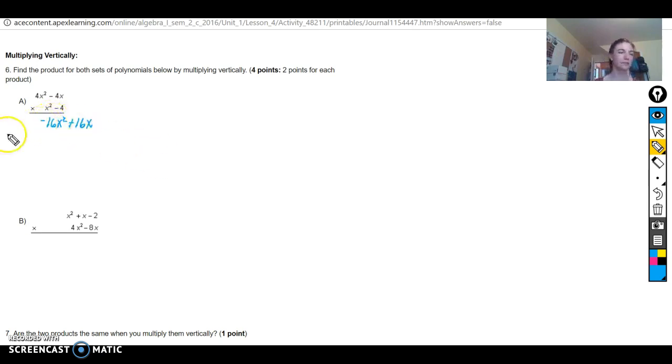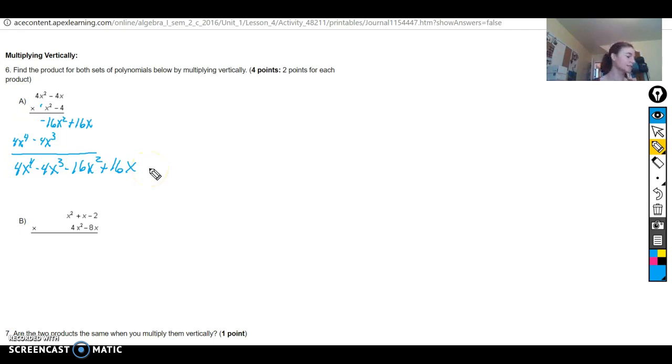Then I'm going to take this x squared and multiply it by both terms on top, and I get 4x to the 4th and minus 4x cubed. There are no terms to combine, so I simply get 4x to the 4th minus 4x cubed minus 16x squared plus 16x, which is the same result that we've seen over and over.